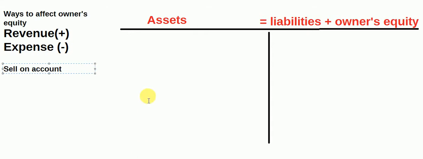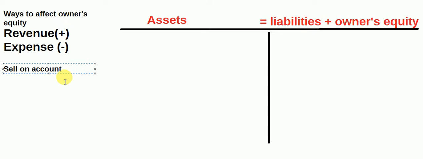When you sell something on account, you are not receiving cash at the moment. So let's say you sell a merchandise or a service to a person. The person says, "Hey, I cannot pay you cash right now because I don't have any. Can I pay you tomorrow?" And you go like, "Yes, of course. You're a good person. I trust you." Then you are selling something on account.